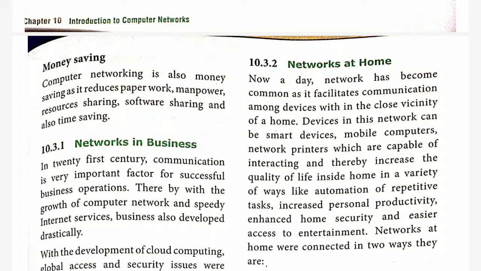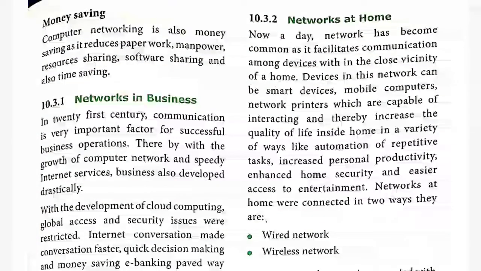So in our day-to-day life also you can see that in our home we are now using this network. When you are sharing your internet with your parents, or parents share their internet through a hotspot, they are trying to create an internet hotspot inside the home so that they can share the internet with others.